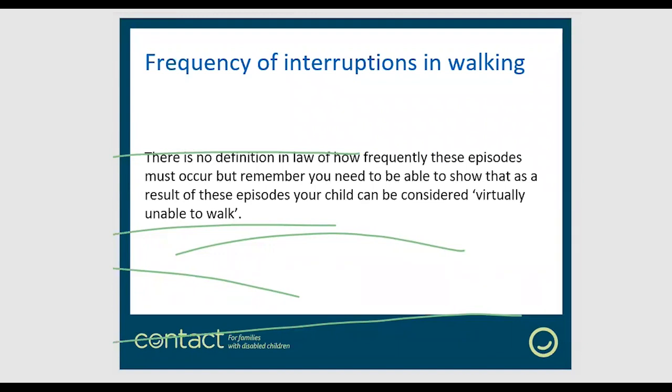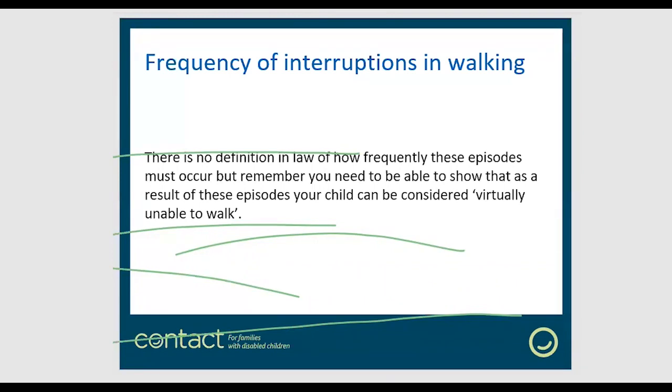If a child only has these episodes periodically or intermittently, it's probably going to be quite difficult to get a decision maker to accept that they meet the test. I think realistically, your child would have to be manifesting these behaviors on a high proportion of the times that they're outdoors. It would have to be quite a common occurrence for you to be able to argue this.